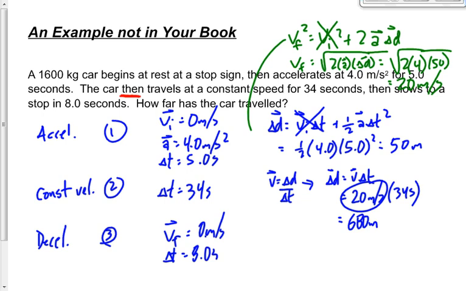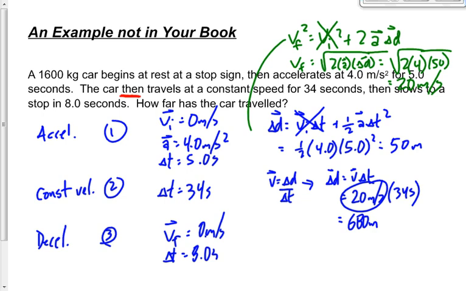Stage 3, what's happening? Is it a group A problem or is it a group B problem? Is it accelerating or is it traveling at a constant velocity? It's group B. It's slowing down, right?